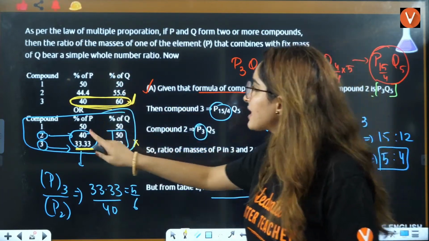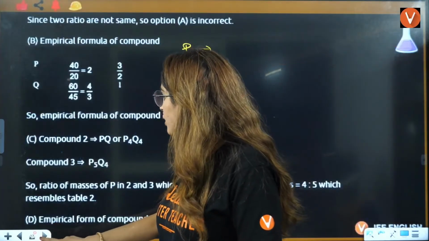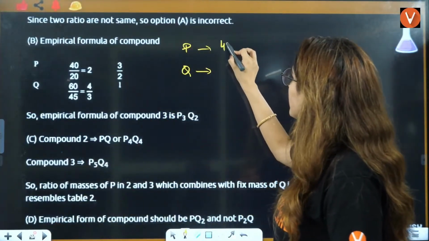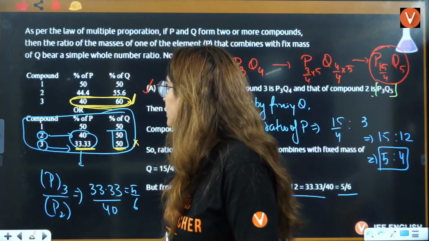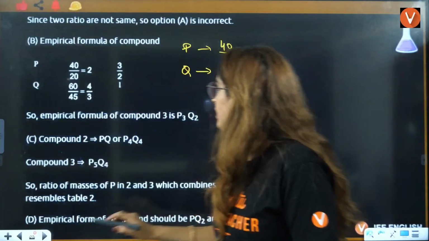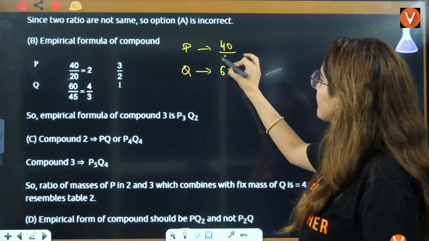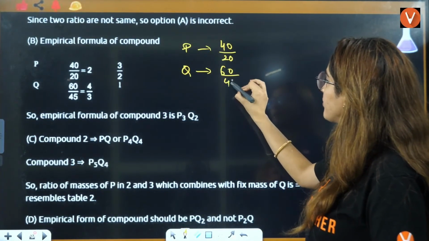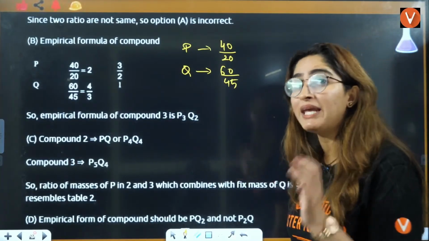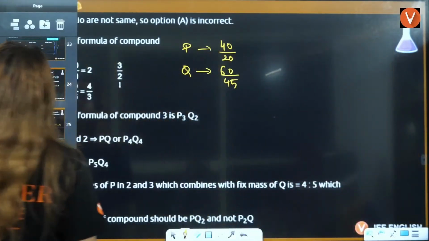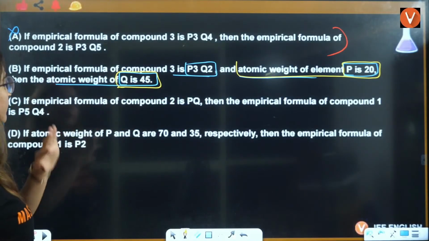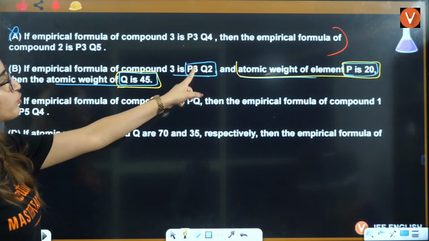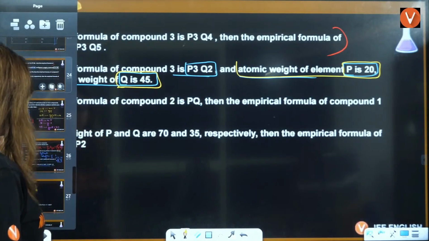So here I will say that P is 40, given mass is 40. Here it is 60. Atomic weights they have given as 20 and 45 in option B, right? Now, if it is coming out to be P3Q2, then the option will be correct.